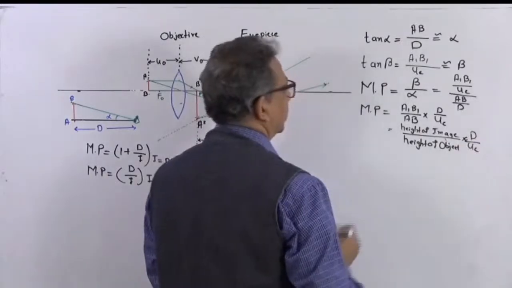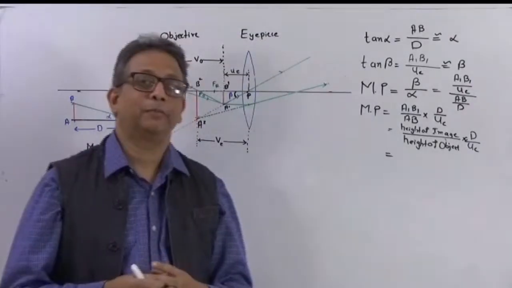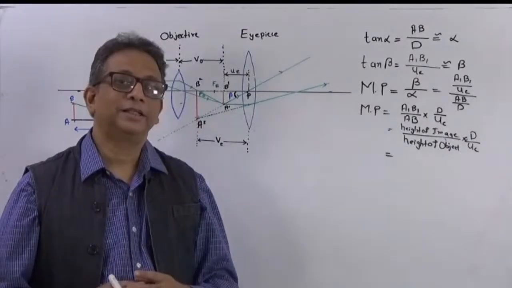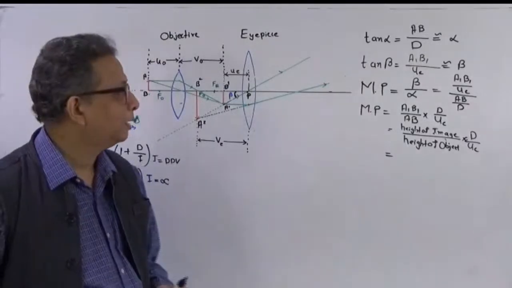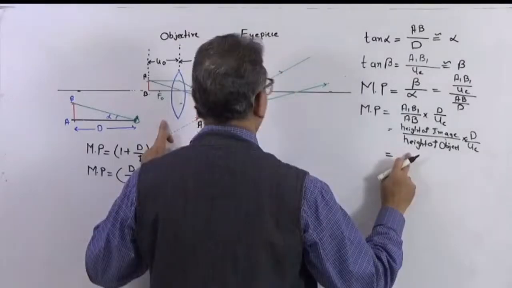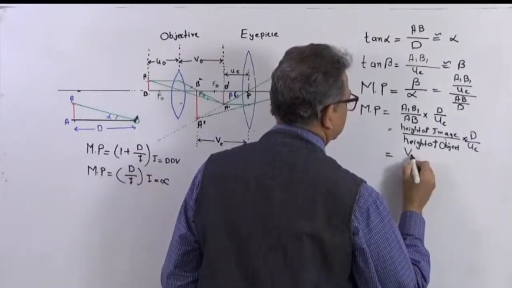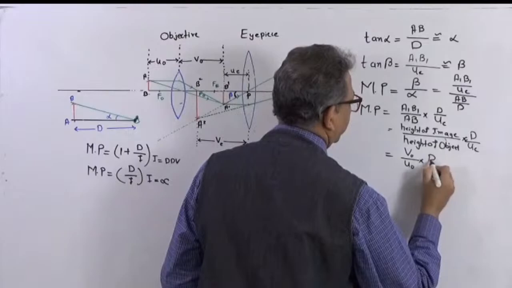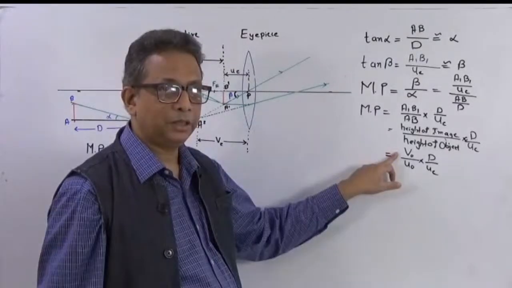We know in our equations that we have done up till now that height of image upon height of object is also considered to be the distance of image upon distance of object. Now this is for which lens? It is for your objective lens. So it will be the distance of image, that is V0, upon U0, into D upon UE. So V0 is the distance of image upon the distance of object.